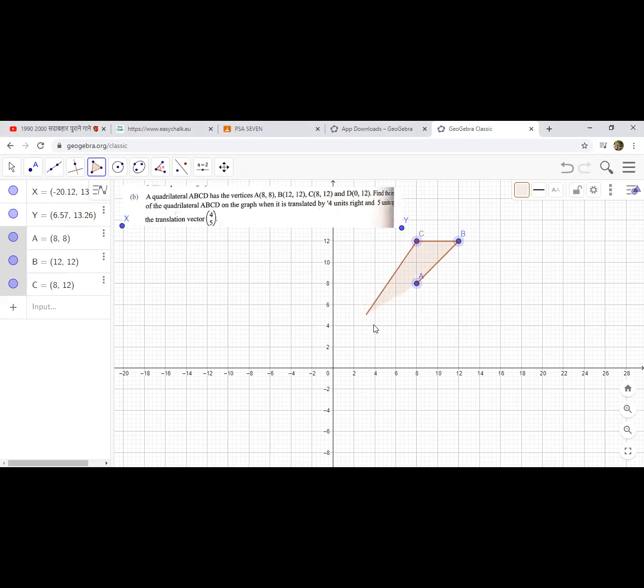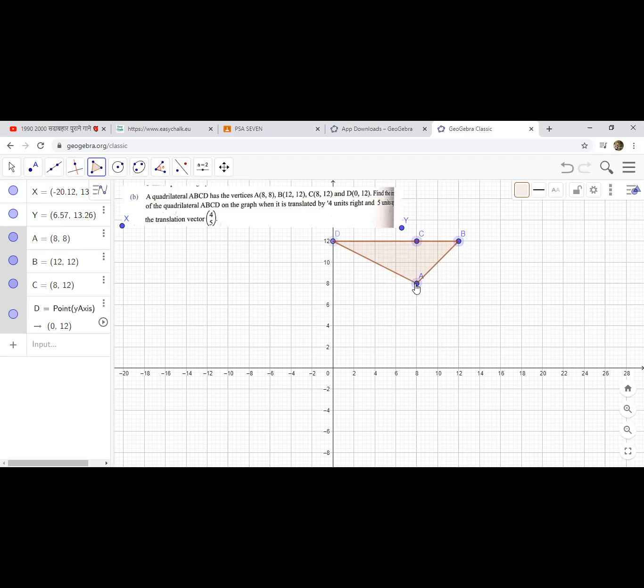Just a moment. Let me admit them. And the next point is D, which is 0, 12. And 0 means the first number is 0, so that point will lie on the y-axis. If the first number is 0, then look on the y-axis. In y-axis 12. Okay, and this point is the point D.